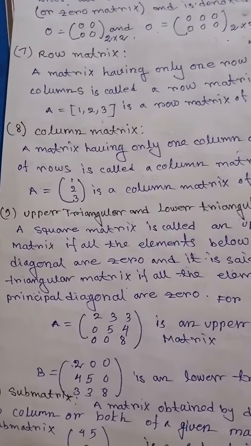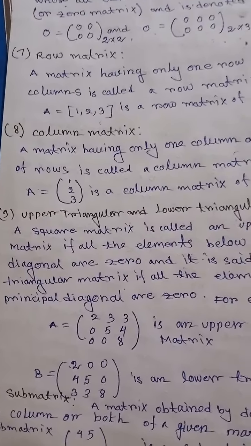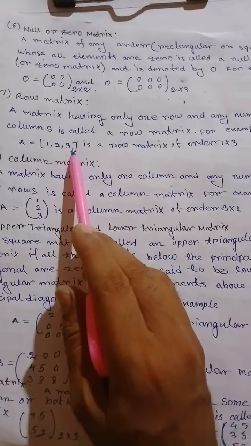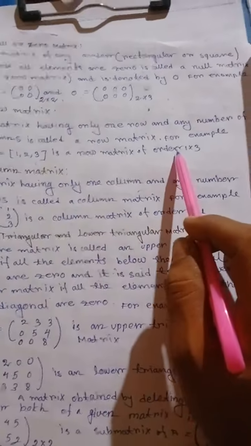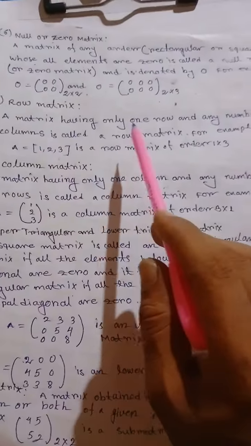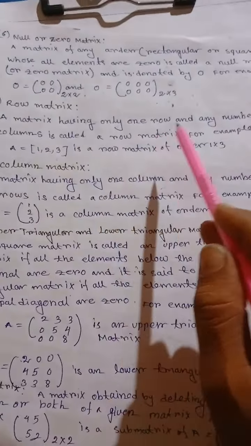Seventh type of matrix. Definition of row matrix. A matrix having only one row and any number of columns is called a row matrix.